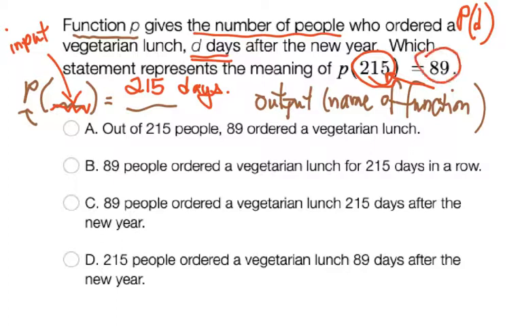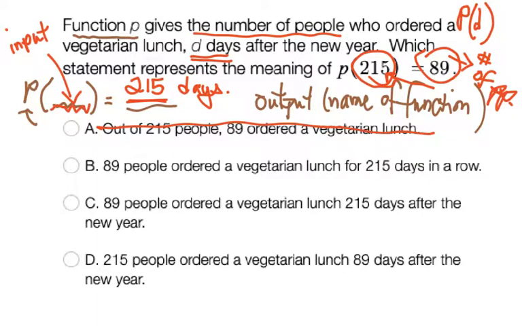So 89 is the number of people. All right, so now I've got enough information in order for me to answer the question. Out of 215 people, now I can't use that one, right? Because I'm saying 215 is days. So that one doesn't work.